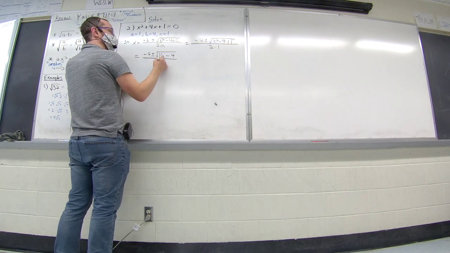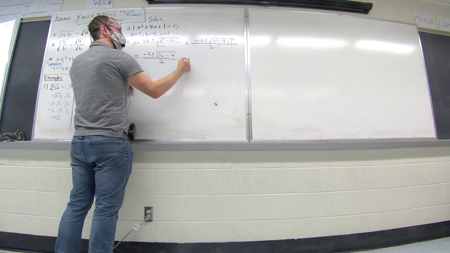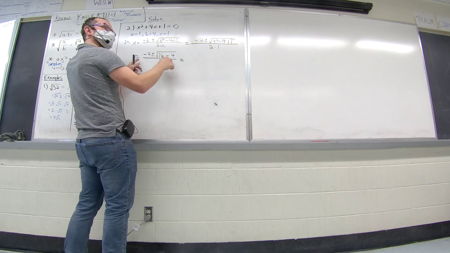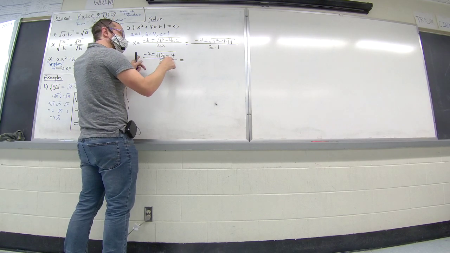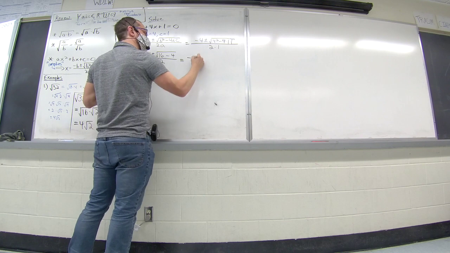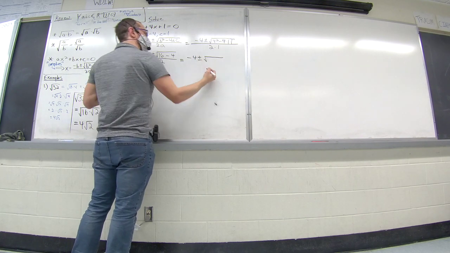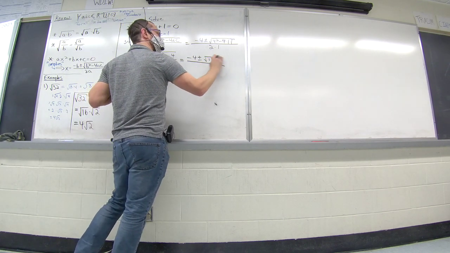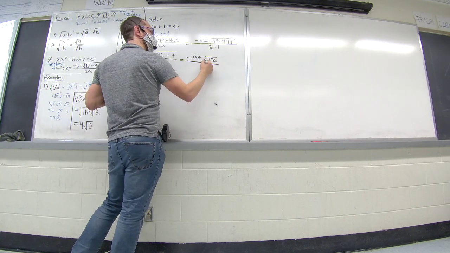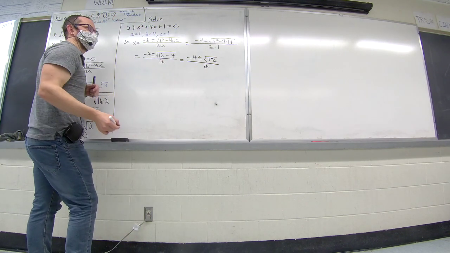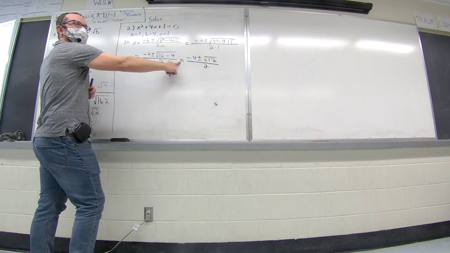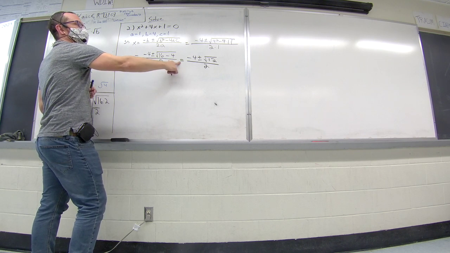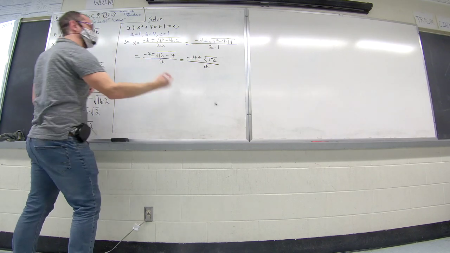And then in the denominator, I rewrite the entire expression again. Negative 4 plus or minus the square root, and underneath the square root, instead of writing 16 minus 4, I'm going to write 12. And in the denominator, I have my 2 still. Okay, why is this equal sign true? 16 minus 4 is 12.